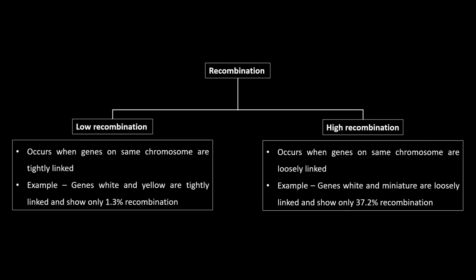Whereas in another experiment, genes for white and miniature are loosely linked, they show 37.2% of recombination. So he came to the conclusion that when the genes are tightly linked, the recombination is low, and when the genes are loosely linked, the recombination is high.